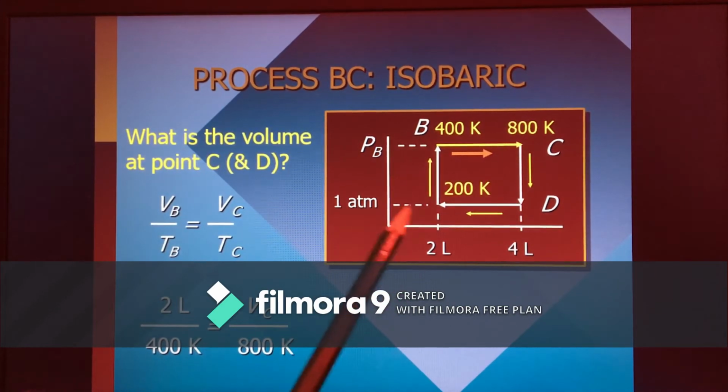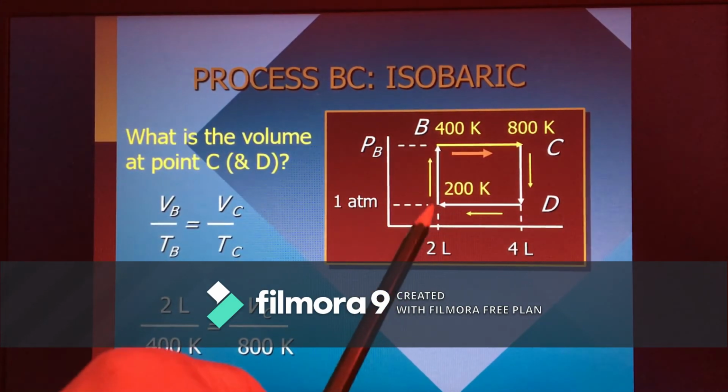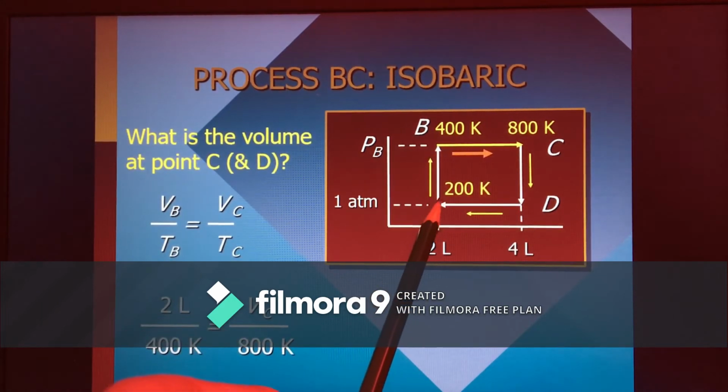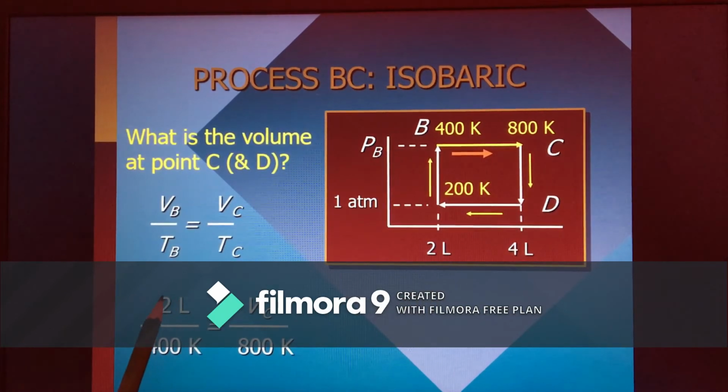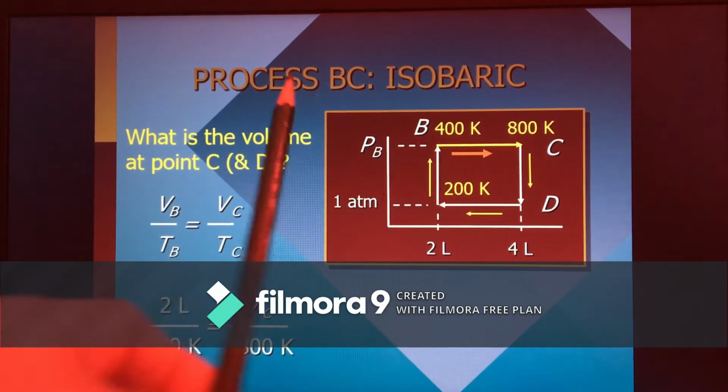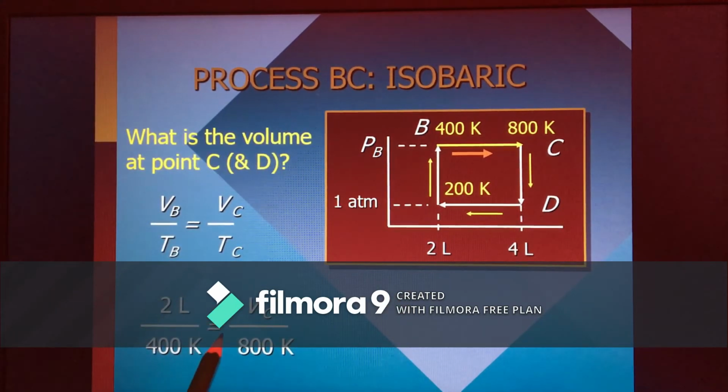As you can see here, this is point B, which is the same volume as point A, 2 liters. So substituting this value in our formula, we have 2 liters divided by the temperature at B, which is 400 degrees Kelvin, equals VC.